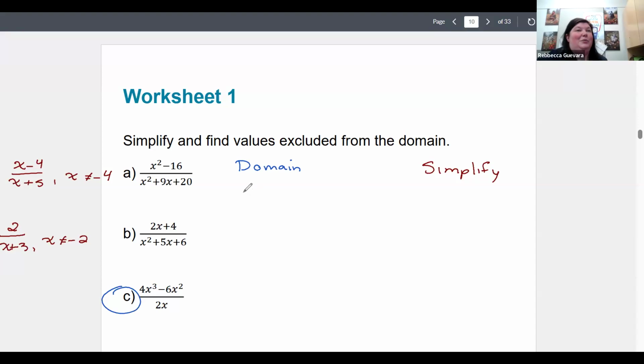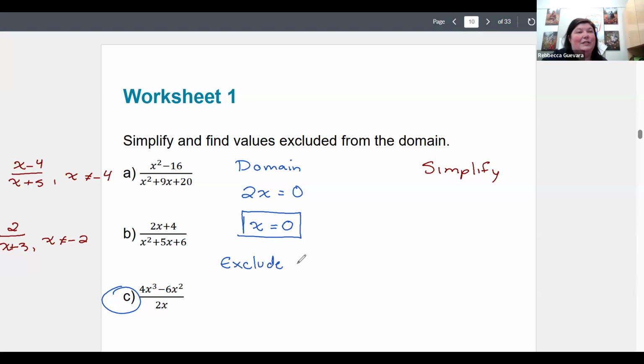All right, this is my last one. To see the domain is going to be really easy. We've got 2x equals 0, so the only thing that x can possibly be is 0. If we divide both sides by 2, we get x is equal to 0.